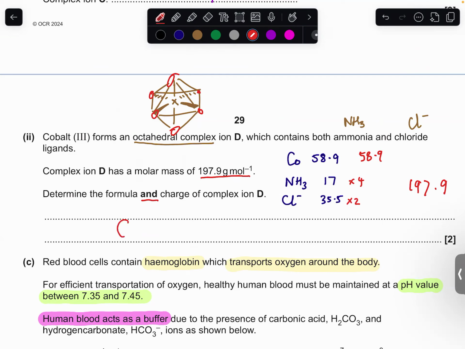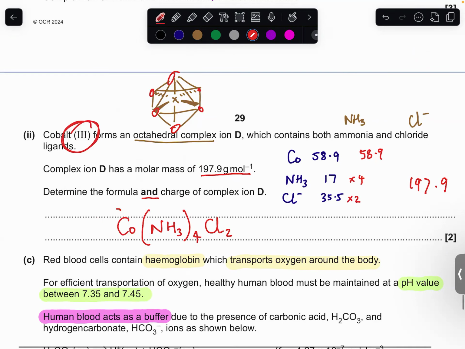The formula is going to be Co, you're going to have 4 NH3s, and 2 chloride ions, and cobalt has a 3+ charge. So +3 -2 gives you an overall +1 charge.